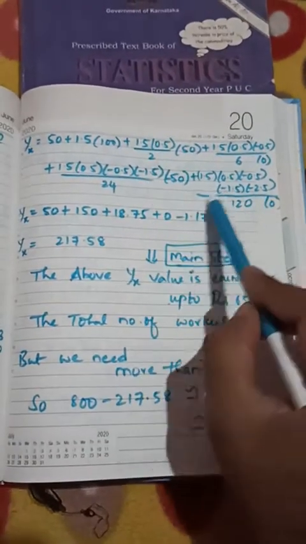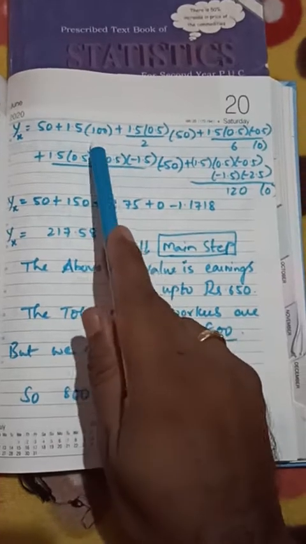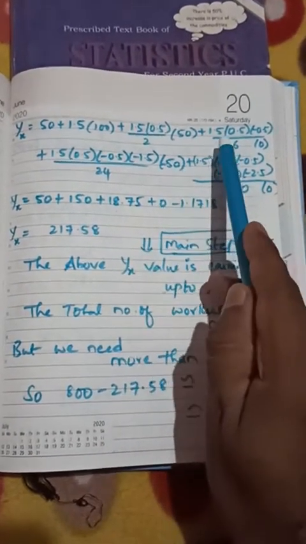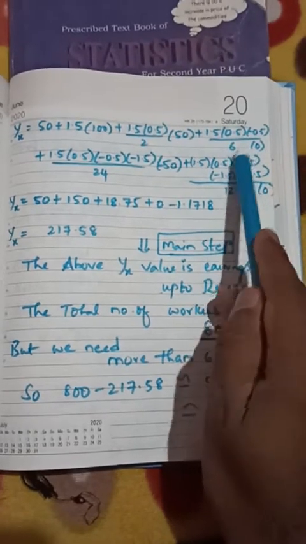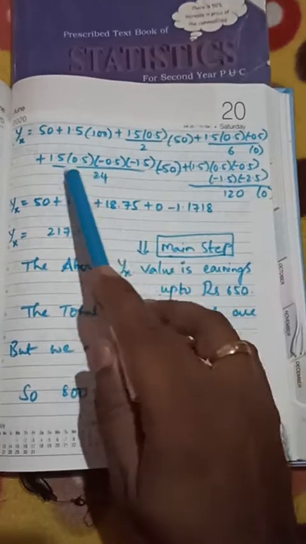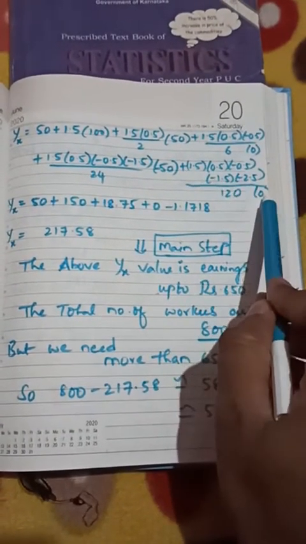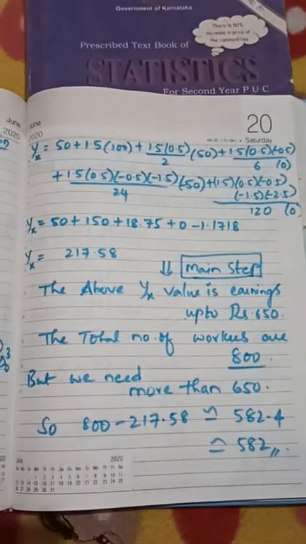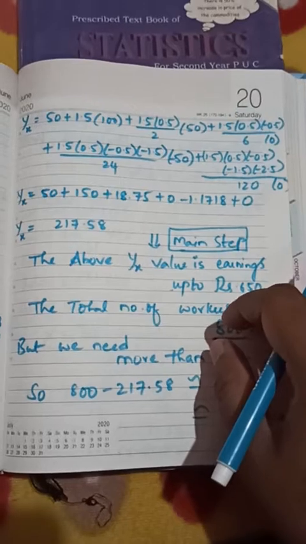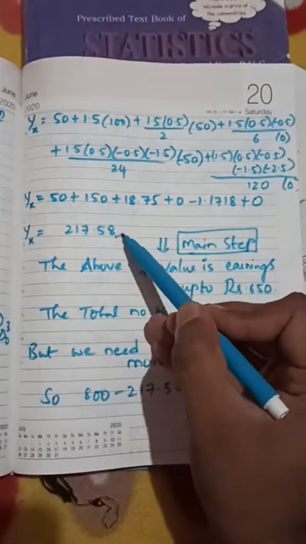Now after substituting all the terms, yx equals 50 plus, after simplifying, 150, and this simplification 18.75, and this anyhow multiplied by 0, you will be getting 0, minus this whole data minus 1.1718, plus this whole data anyhow multiplied by 0, that also becomes 0.